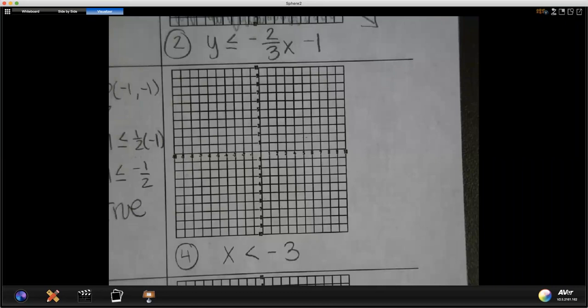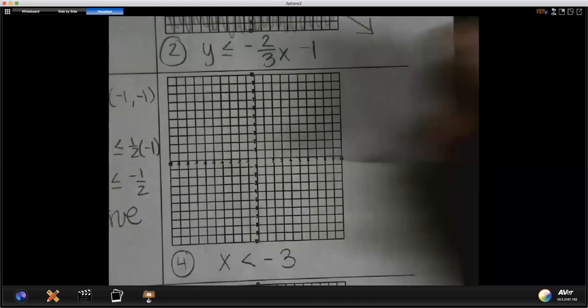What's this line gonna look like? It has 0 slope, which means it looks like what? And that line would be oriented what way? Vertical.